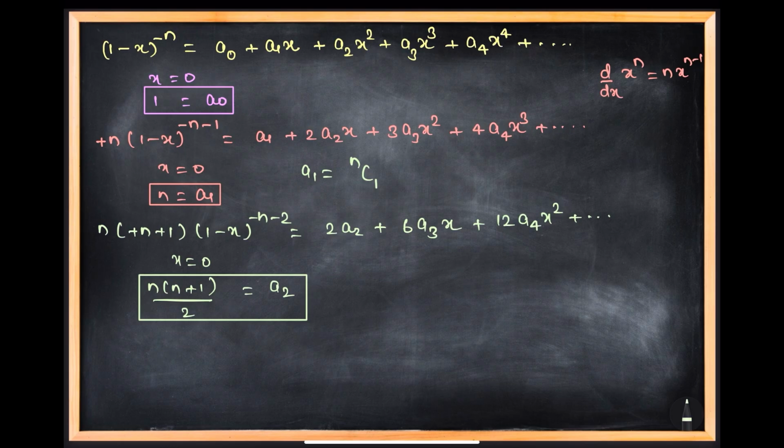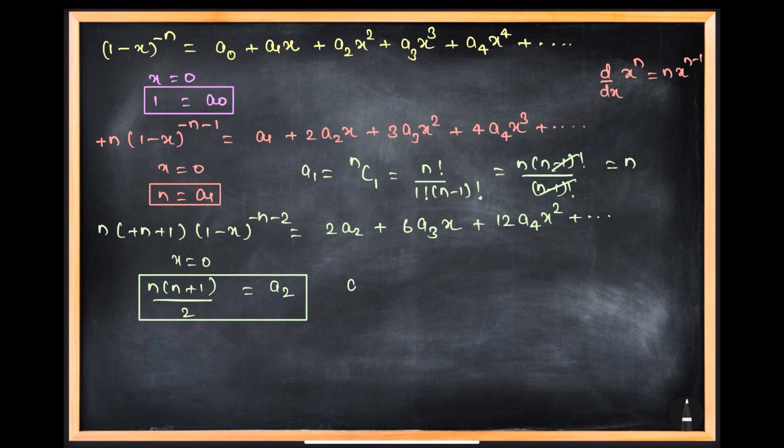Just think about it. Because if you write this thing you will have n factorial by 1 factorial times n minus 1 factorial. So it is n into n minus 1 factorial by n minus 1 factorial, this thing is gone, so you got n. So this is correct.